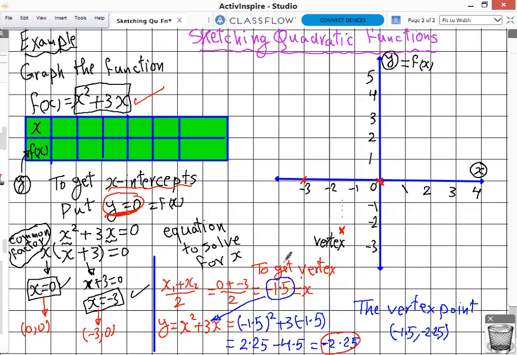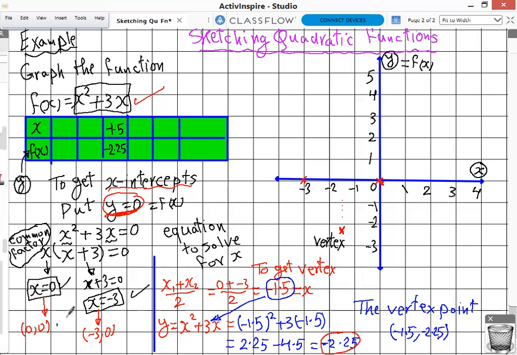Then according to this, you can put your points in the table. Then we have, what is the vertex here? Negative 1.5, we determined it, and negative 2.25. What are the other points? One point right, one point left, like this.